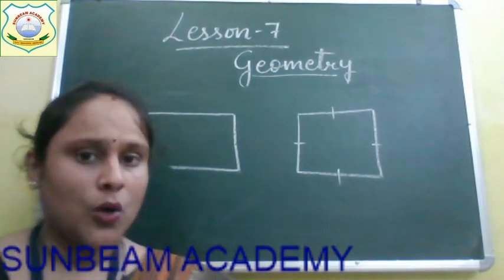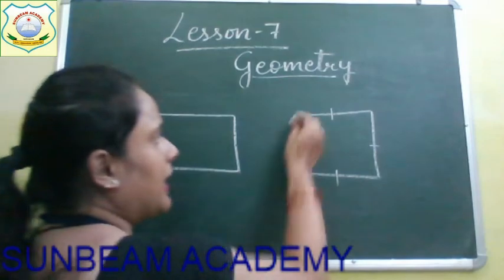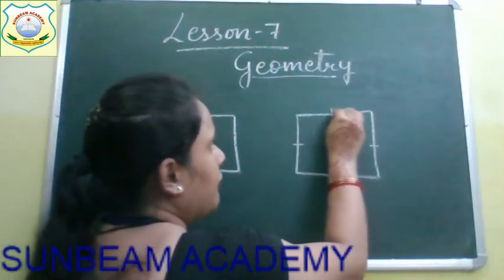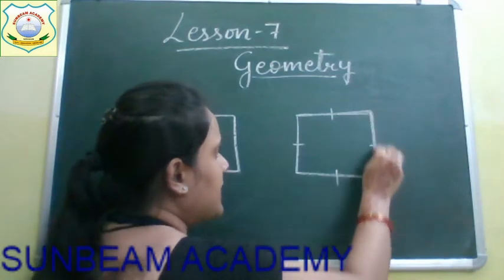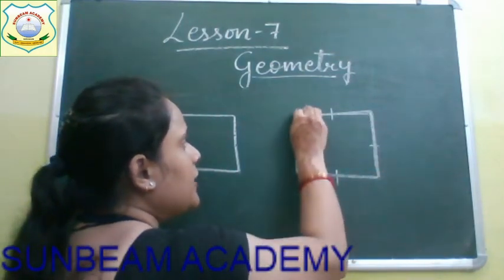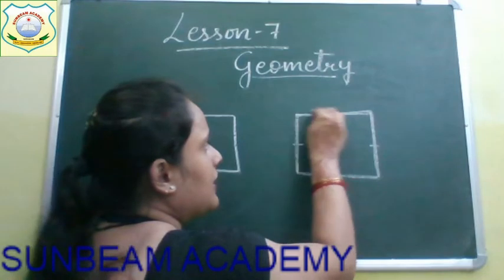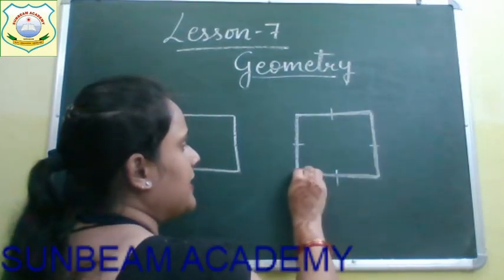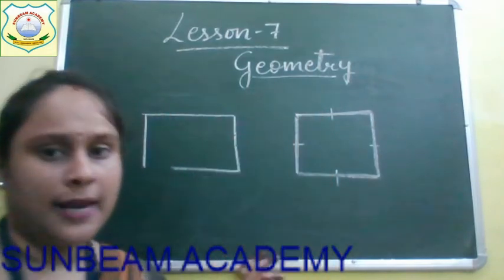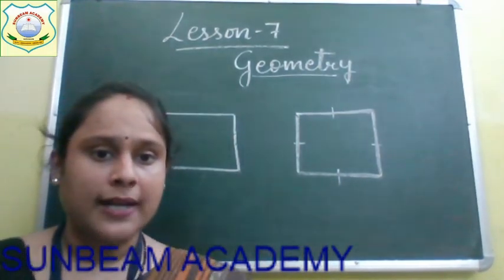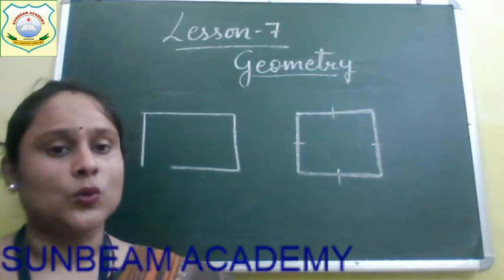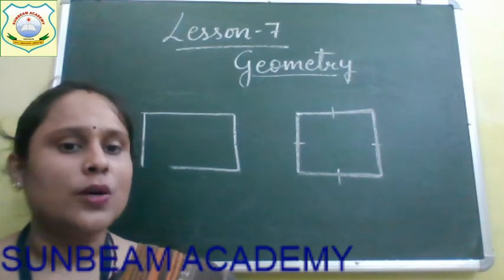One more thing you have to see in a simple closed figure is that it starts from a point and ends at the same point. We start drawing a square like this, like this, like this, and then we end it at the same point. The shapes that start from the same point and end at the same point are known as simple closed figures.